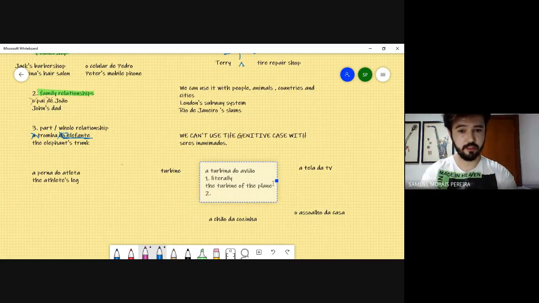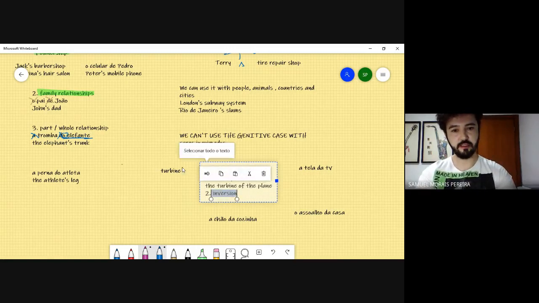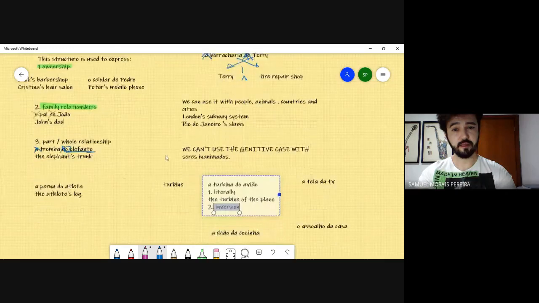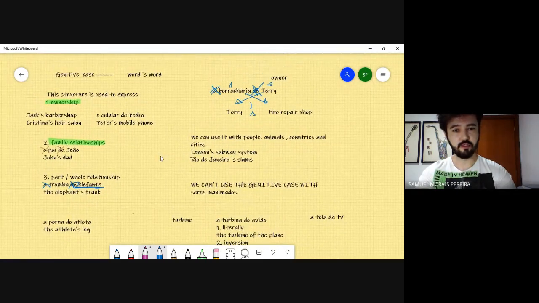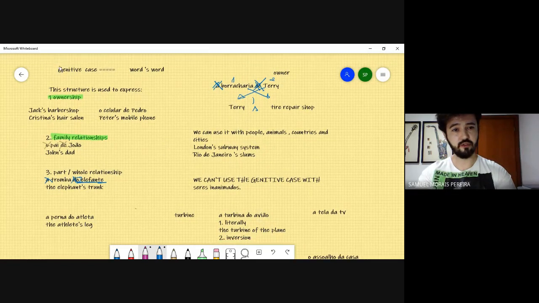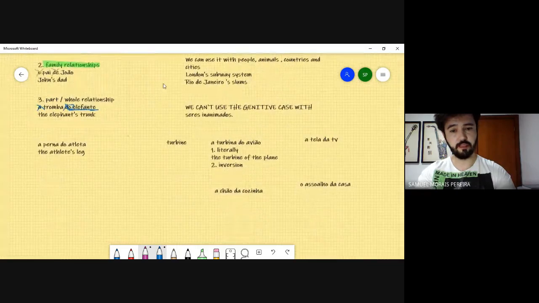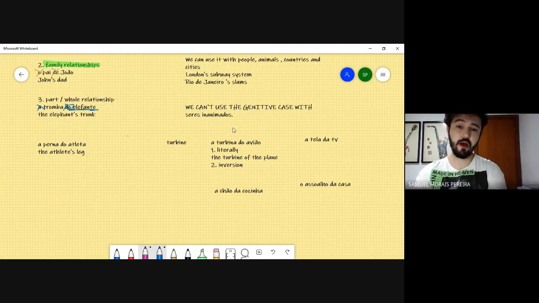So the other one is called the inversion. What is the inversion, Samuel? The inversion is the same thing that happens here, okay, com o caso genitivo, but you cannot use apostrophe and s, porque o que marca o caso genitivo é o uso do apóstrofo com s. So pay attention. Com esses casos aqui de seres inanimados, you can't use a genitive case, quer dizer, você não usa o apóstrofo com s, but you can invert. You invert the position of the words. So you can say like this.